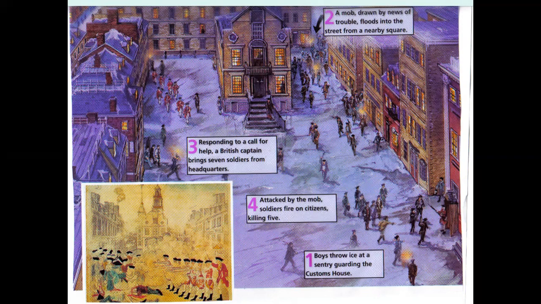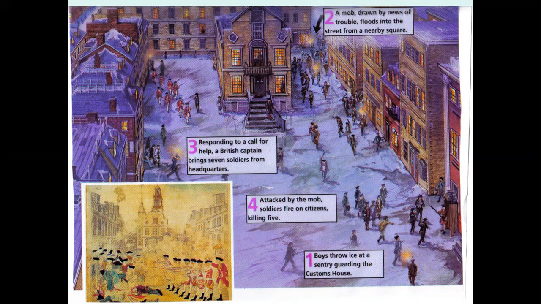People start coming out of their houses yelling, "Where's the fire? Where's the fire?" And through all the noise, one of the soldiers hears the word fire. He shoots his gun, and his officer asks, "Why did you fire?" The rest of the soldiers only hear the word fire.